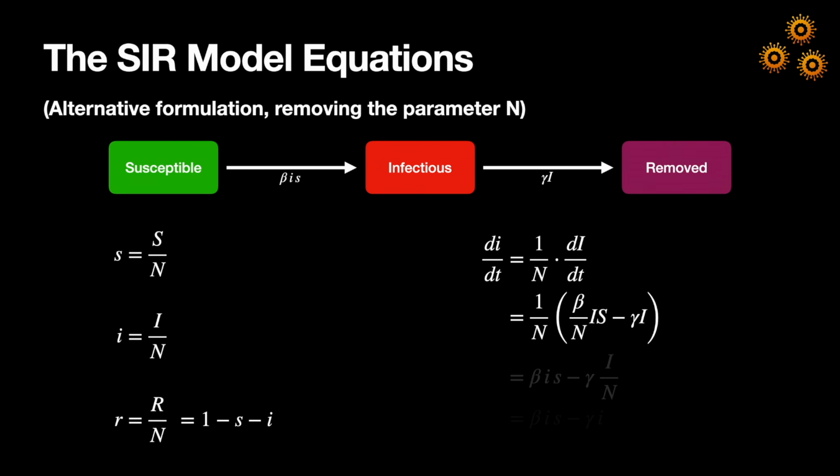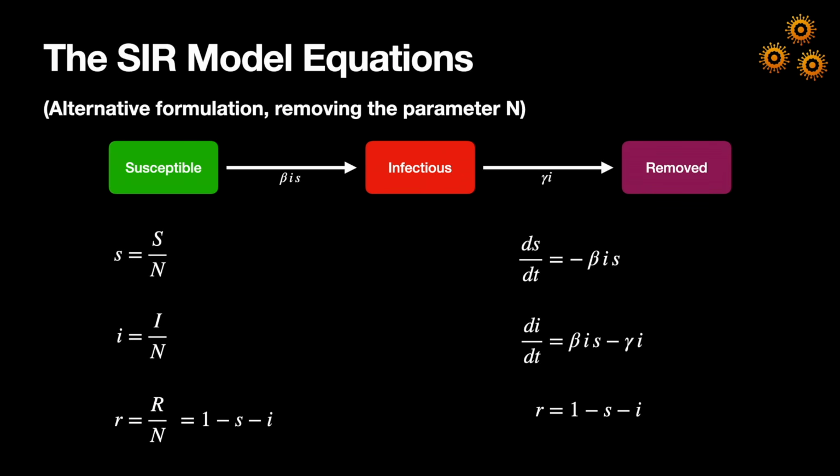We know what the first term is going to turn into. That's going to be beta times little i times little s. And then the second term is going to be minus gamma times I over N, but big I divided by N is just little i. So the flow from infectious to removed with this formulation is beta times little i times little s minus gamma times little i.